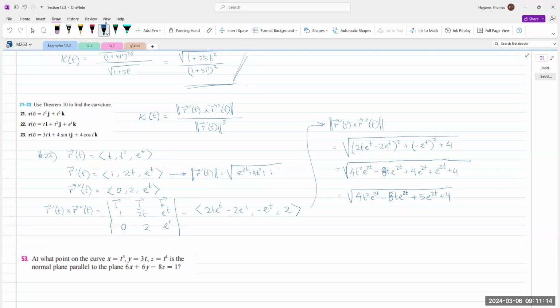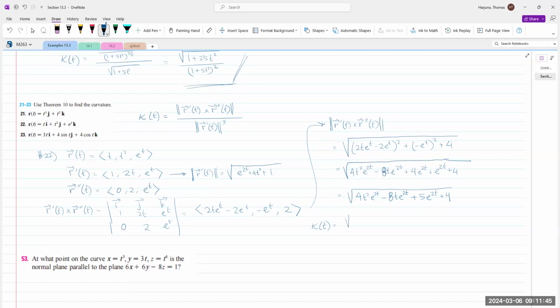So the best I can say for the curvature, therefore, wow, I didn't expect it to be that ugly though. Let me check my computation in case I made anything wrong. Yeah, it seems to be okay. It just became something so ugly.